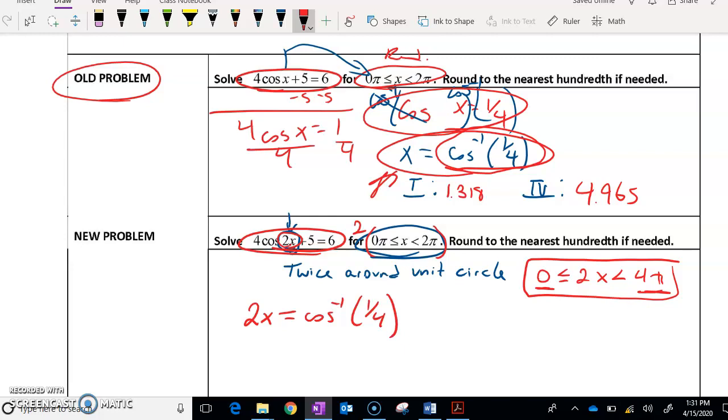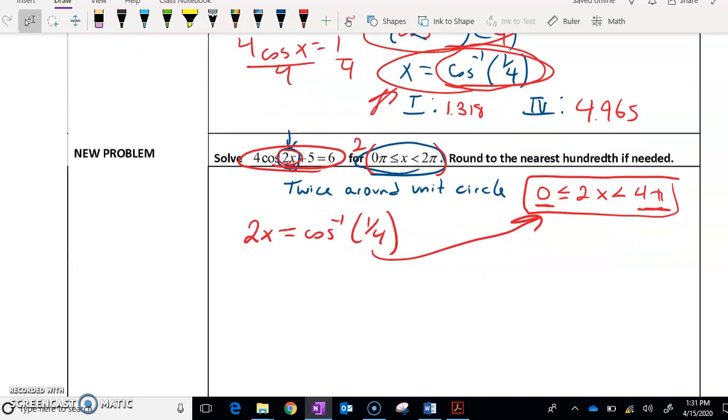Okay, so now think about it from, instead of just 0 to 2 pi, I'm thinking about it from 0 to 4 pi. So I'm going to cheat off my last problem. So I already know in quadrant 1, I got 1.318, and then in quadrant 4, I'm going to have 4.965. That doesn't change.